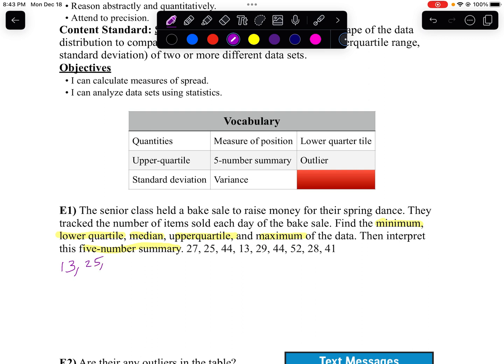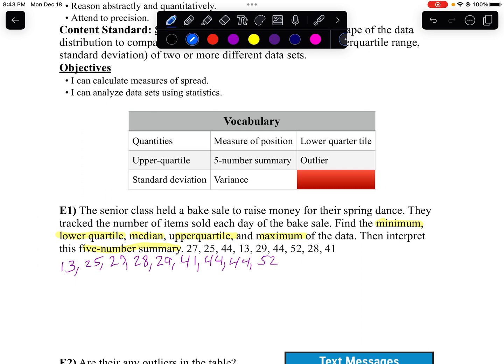Then after 25, we have 27, 28, 29, 41, 44, 44 again, and 52.